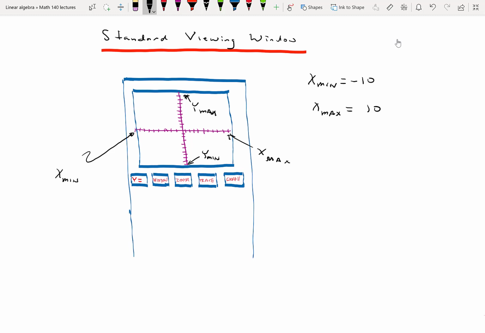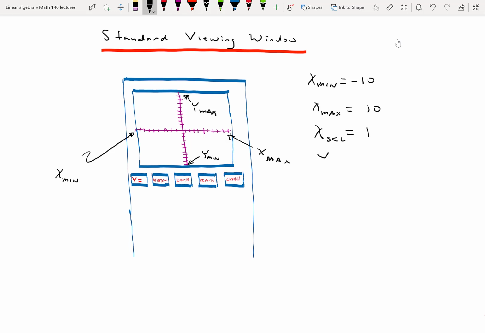You should also see something else. You should see x scale, SCL, and it's 1. That's the distance between the marks along the x-axis and the y-axis. Those marks are called tick marks, T-I-C-K, tick marks. So it's the distance between each tick mark.